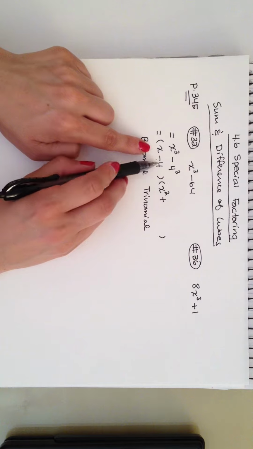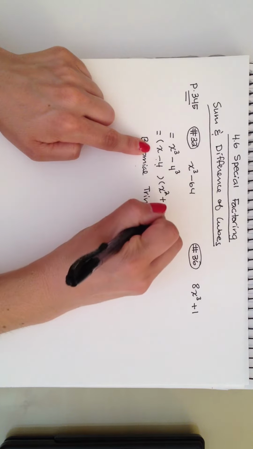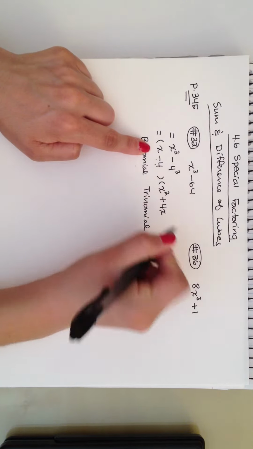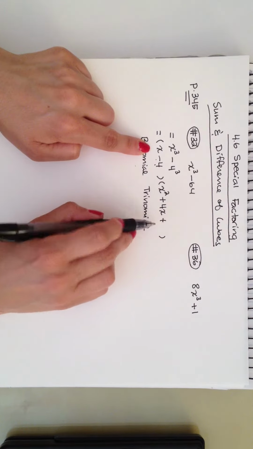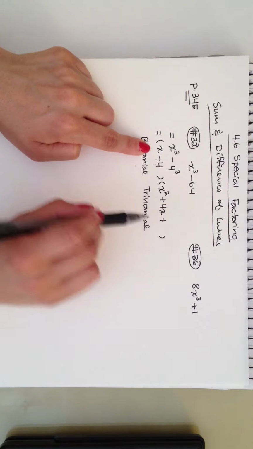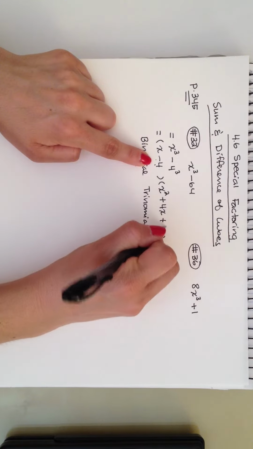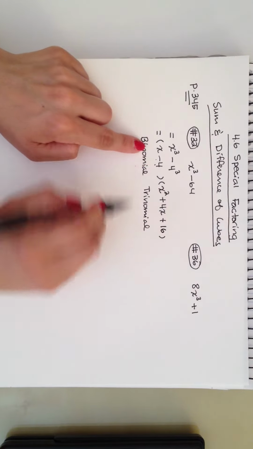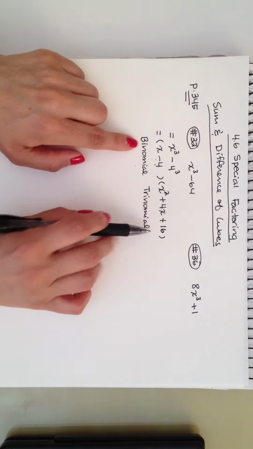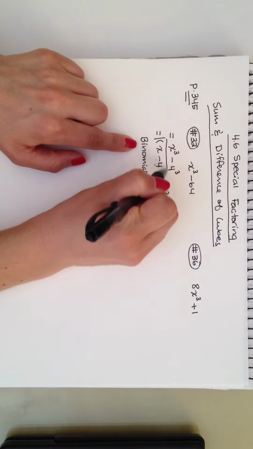So just multiply 4 times x, we get 4x. Plus, this is always a positive. Square the last term. 4 squared is 16. And so now this is completely factored, and we have our final answer.